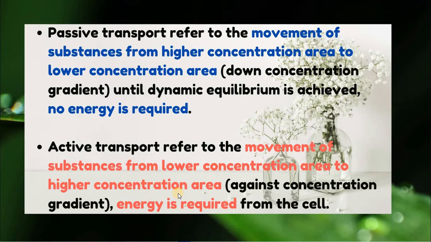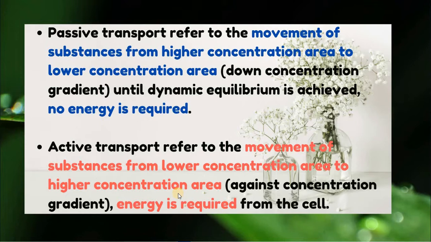What is active transport? It refers to the movement of substances from lower concentration area to the higher concentration area, or against the concentration gradient, whereby energy is required. Make sure you can differentiate between passive transport and active transport.